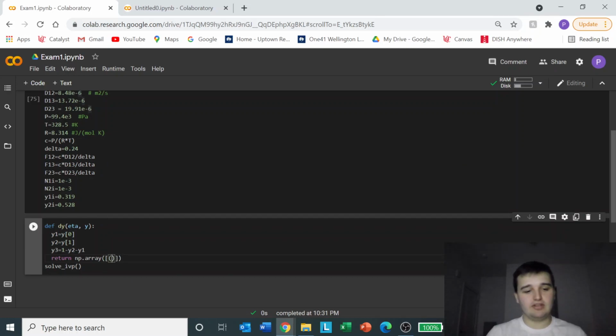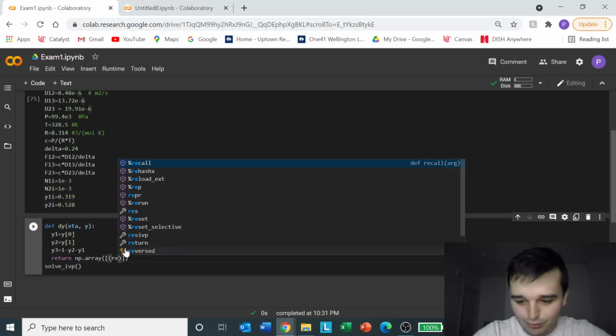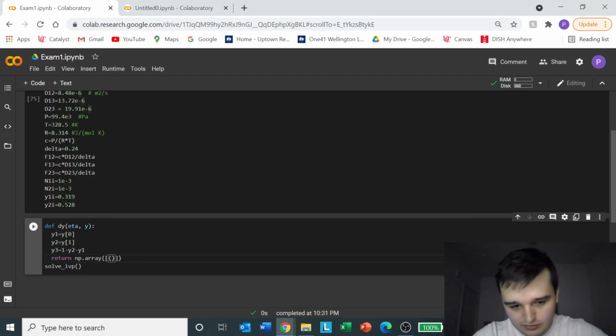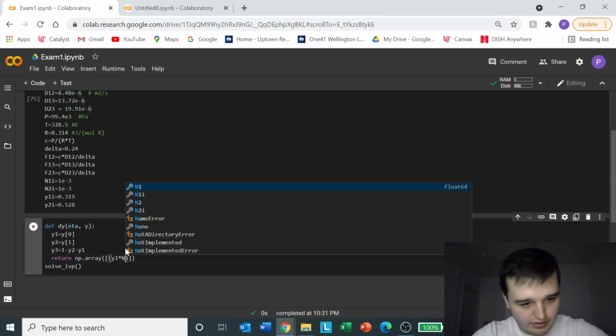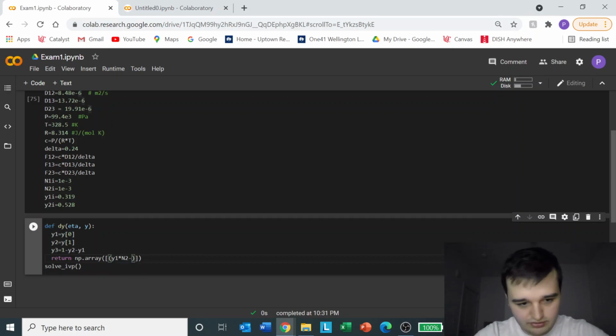So now we're listing out the right side of those Stefan-Maxwell relation equations, and we're going to start out with the right side of the first one, which is y1 times n2 minus y2 times n1, get out of the parentheses, over F12.